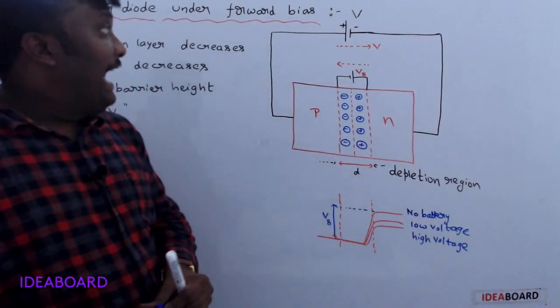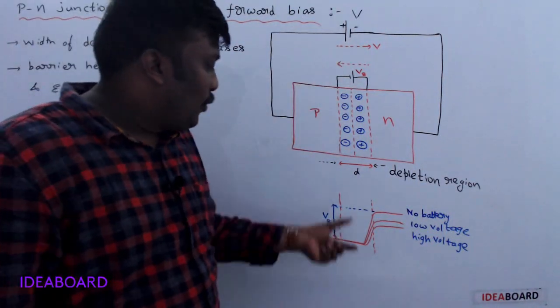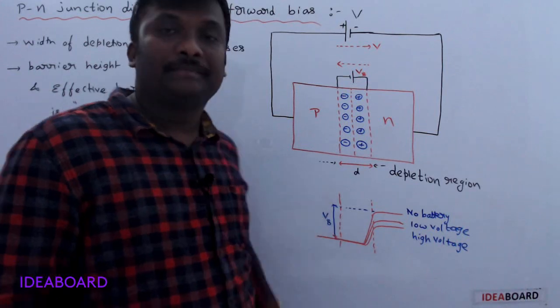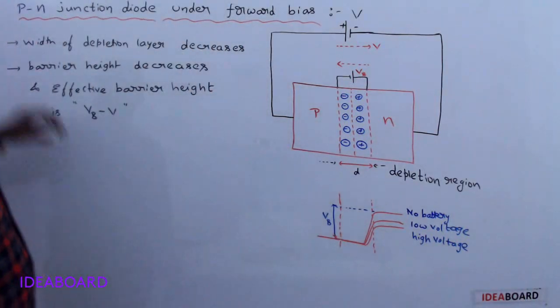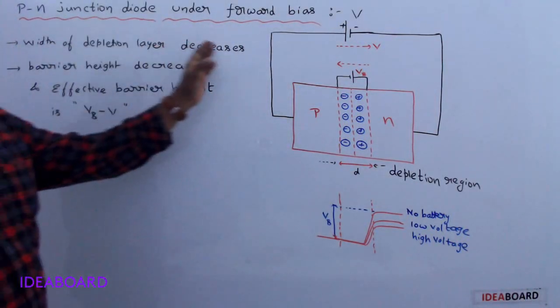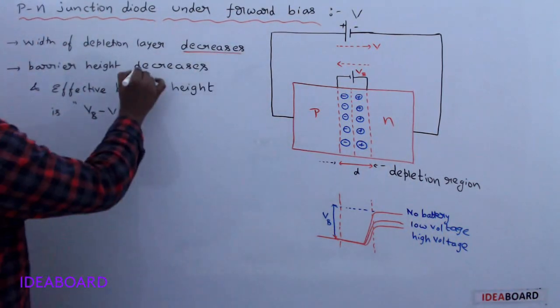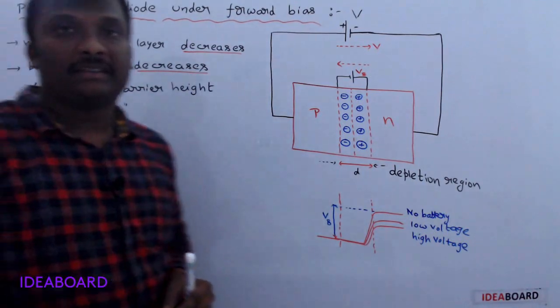So as the applied voltage increases, what happens to the barrier height? The barrier height decreases. Clear? So the first point: the width of the depletion layer decreases. Second point: the barrier height also decreases.